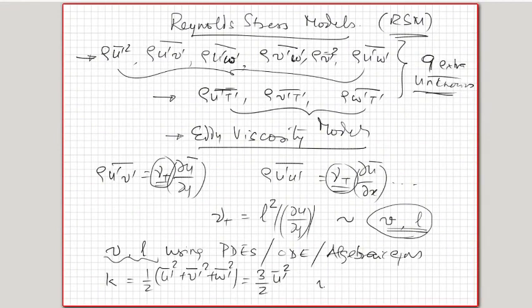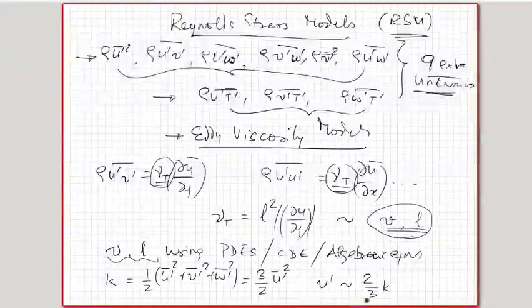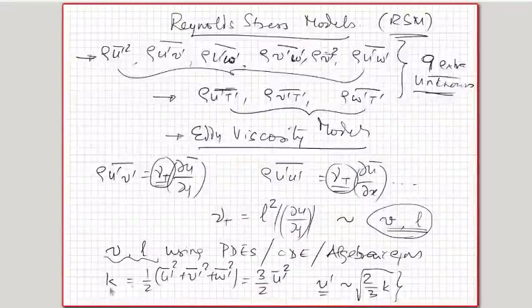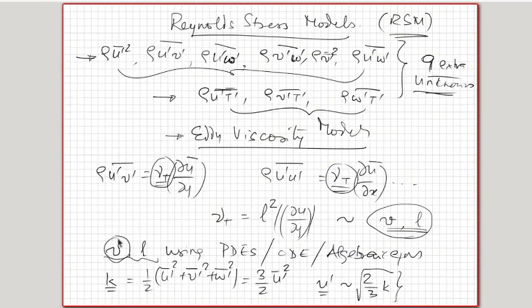Okay, so u prime is of the order of square root of 2 by 3 k. This is the way you represent the fluctuation velocity scale. So k would be an indirect representative of the velocity scale that is required to be specified.